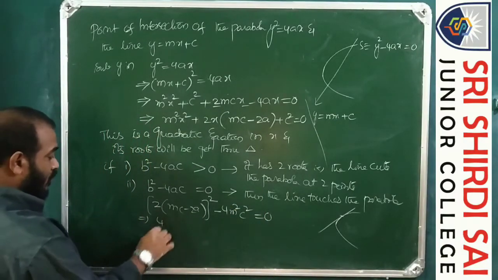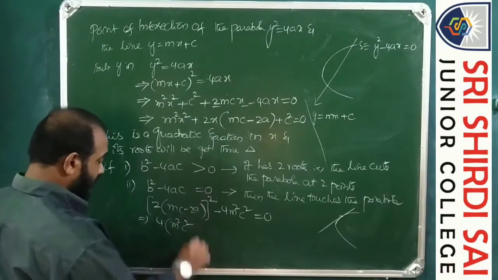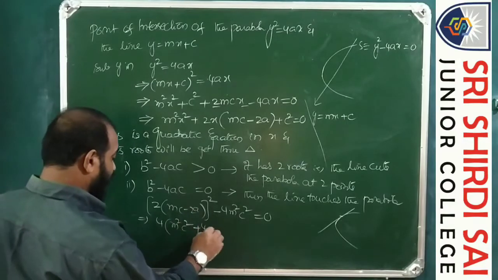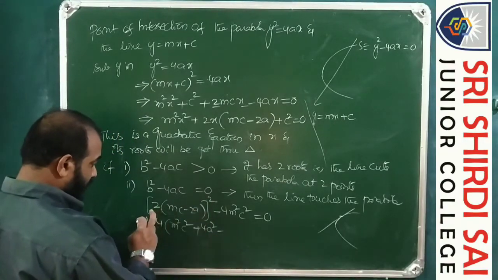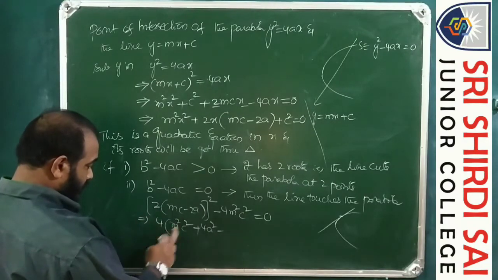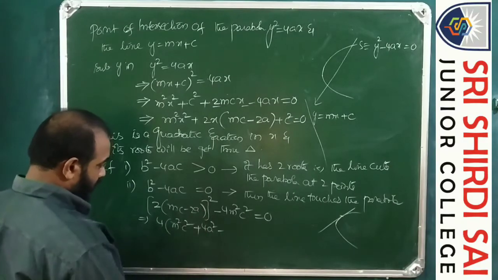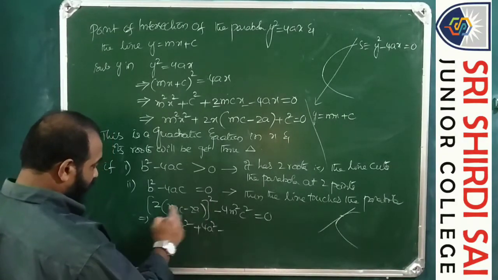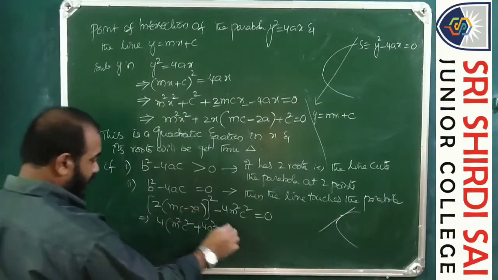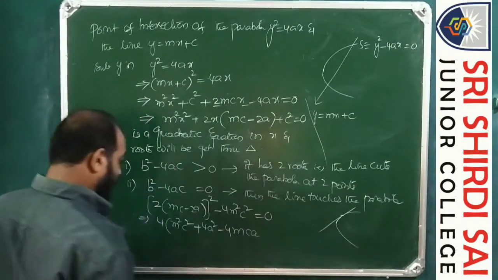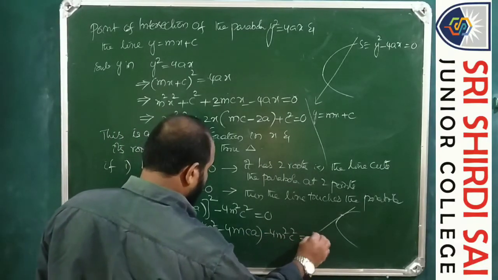So this is 4 times (m square c square plus 4a square minus 2 into mc into 2a, that is 4mca) minus 4m square c square equals 0.